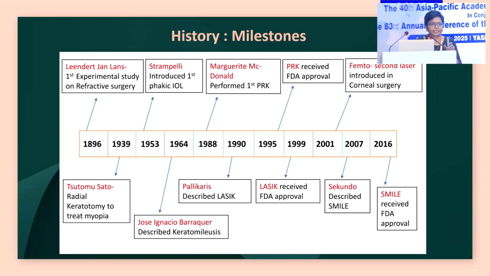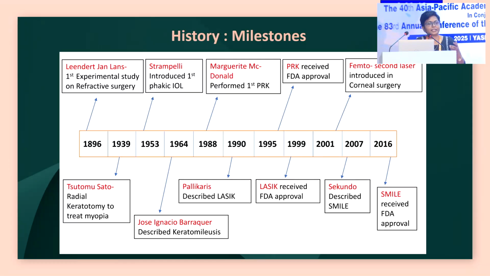Each of these started somewhere in a laboratory, in an experimental setup on an animal eye. And depending on the success of that, we shifted to non-sighted or blinded individuals. And if we were successful there, then we shifted to sighted individuals or the normal human eye. And depending on the success of that, the procedure came into the market.